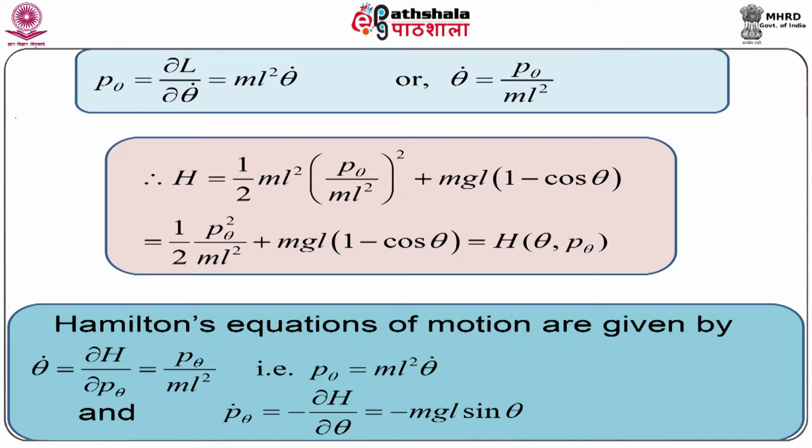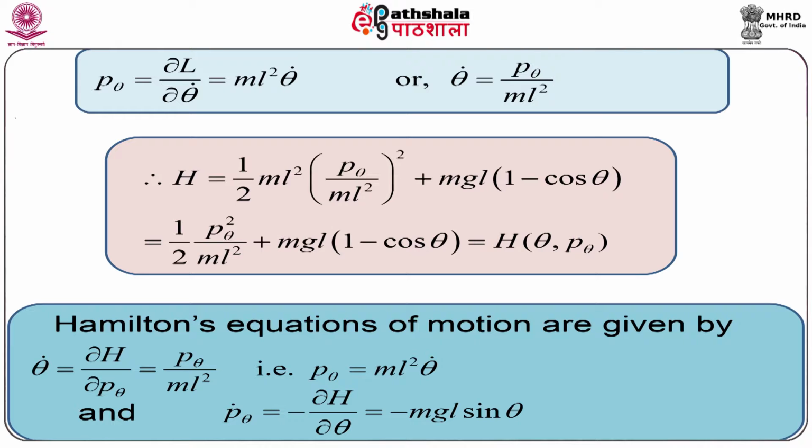Therefore, Hamiltonian H can be written in terms of theta and p theta as H equal to half m L squared into (p theta divided by m L squared) whole squared plus m g L into (1 minus cos theta).